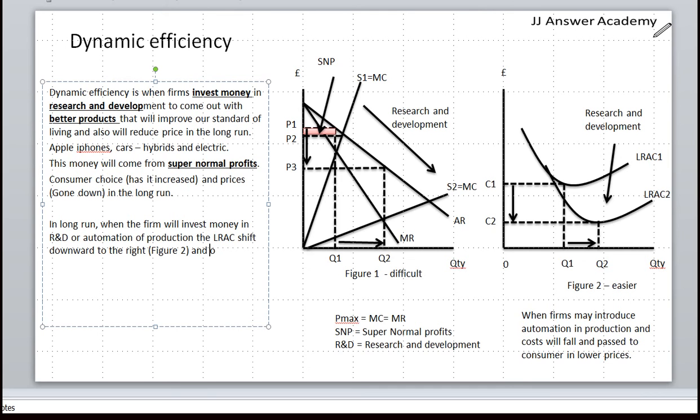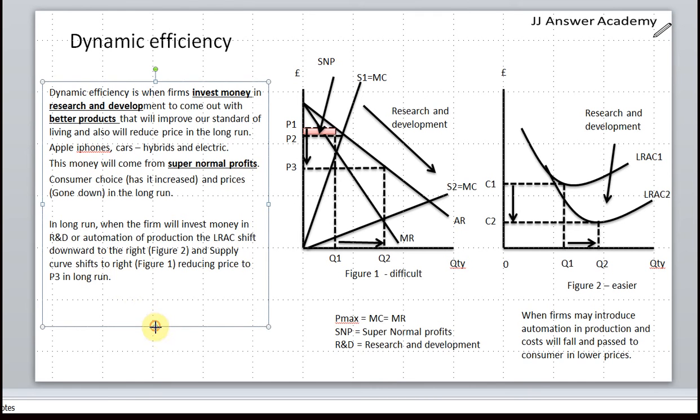And the supply curve shifts to the right, figure 1, reducing price to P3 in the long run.